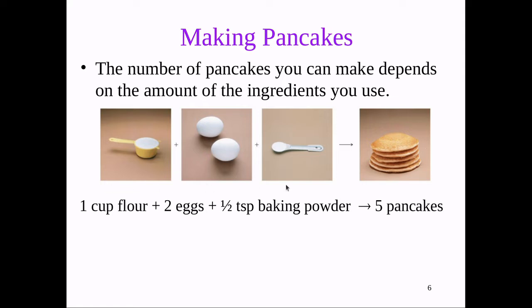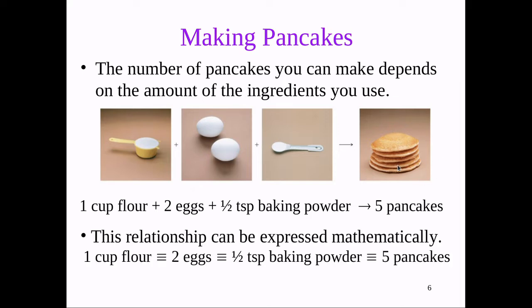So we have a recipe, and certain ratios are going to yield a certain amount. One way that we can express this mathematically is by using these 3 slashes right here, which means defined as or requires. It's related to each other.